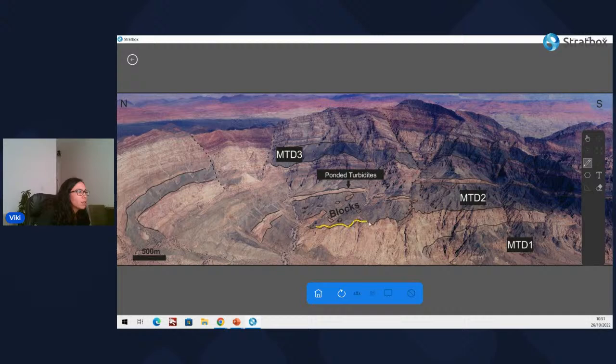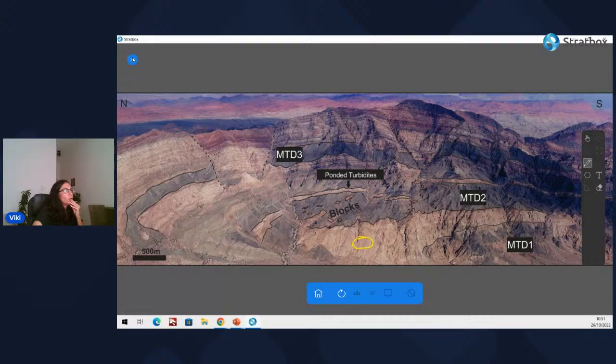So we have this in the seismic, these are probably groups. Then we have some blocks, large blocks, several meters in length, and these blocks derive from the underlying fluvial deltaites. On top of that, we have a ponded turbidite that I will talk about a little bit later.